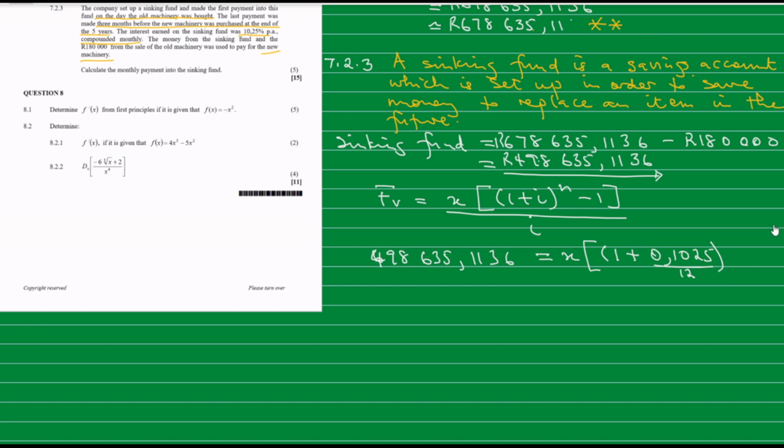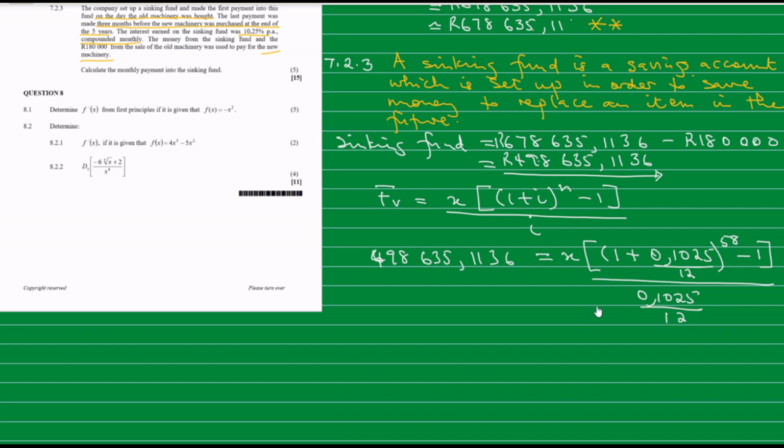Our n is going to be 58. I'm going to explain that one. Minus 1 and then over I, which is 0.1025 over 12.